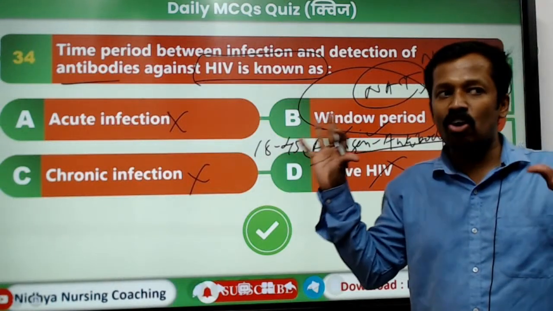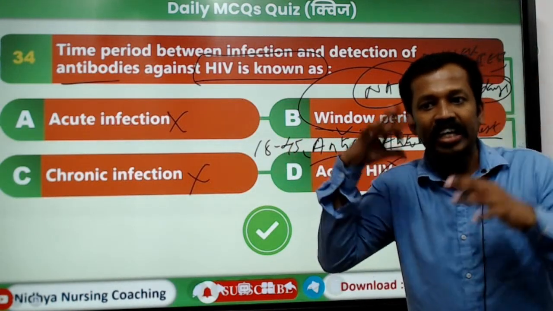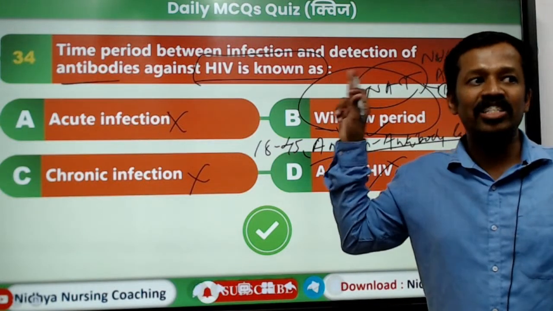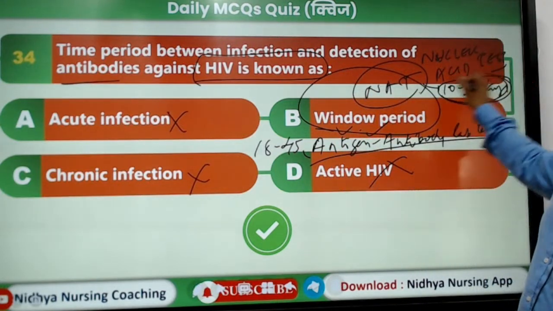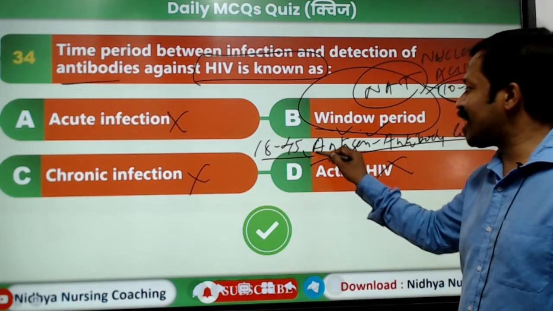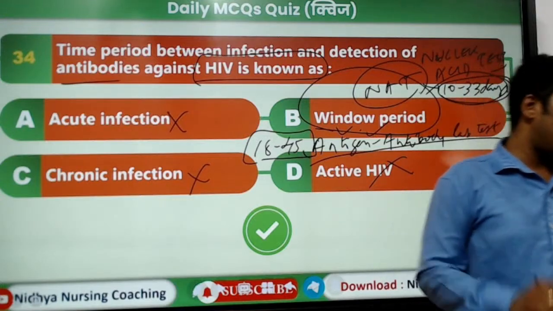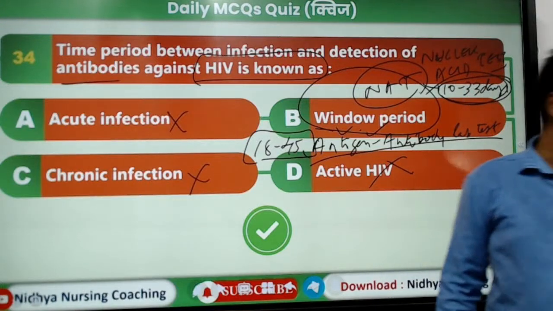All this we are talking about HIV. Different tests are used for identifying the window period. For the NAT test, nucleic acid test, 10 to 33 days. For the antigen antibody lab test, 18 to 45 days. Next one, rapid antigen antibody test.